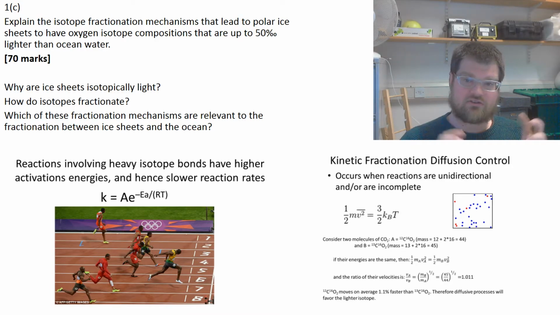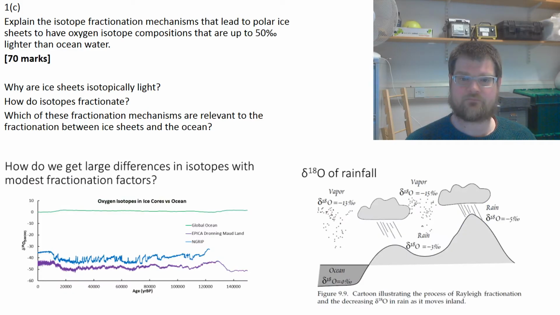So those are explanations of how we may be having an additional fractionation between the water and the initial evaporation. So that can explain this difference. You can see on this diagram that the isotopes of the initial evaporated water are lighter than the ocean by, in this case, 13 per mil.